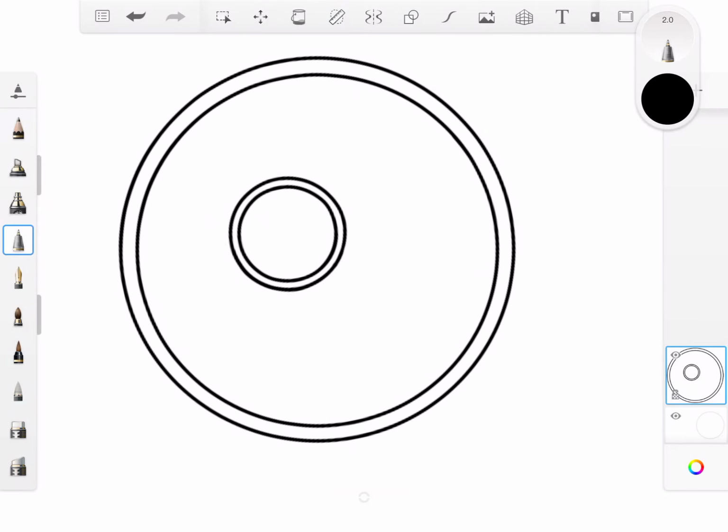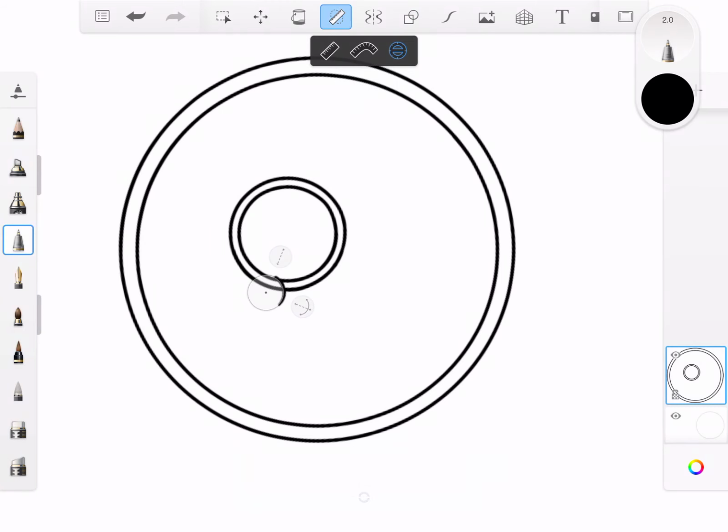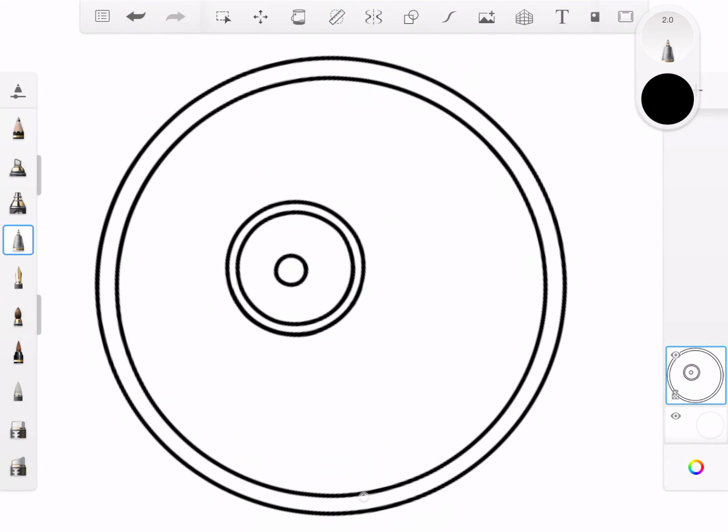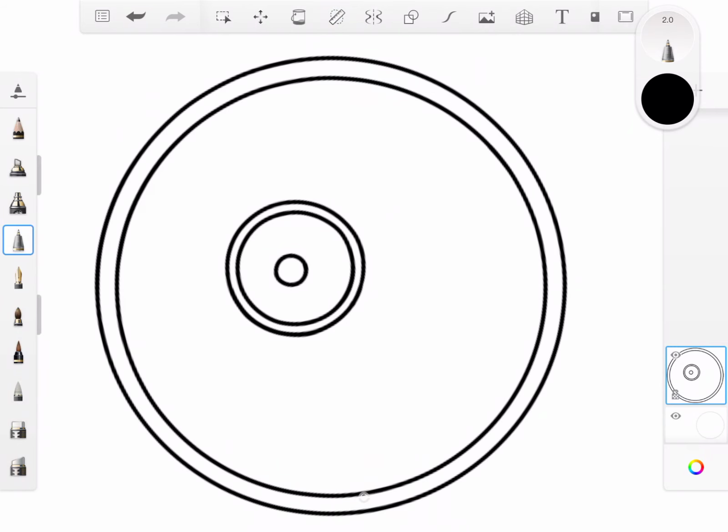Now I want to draw a little nucleolus. Now this is the nucleolus. DNA, you can actually find in here. So you can find your DNA in here.